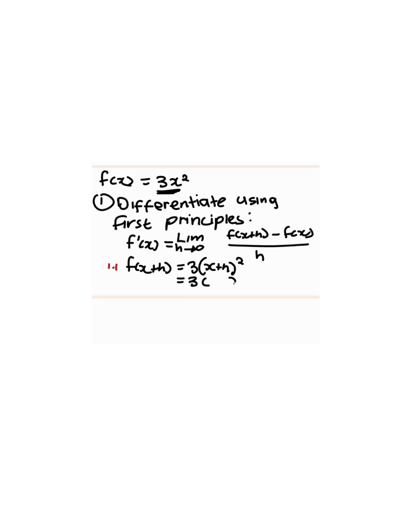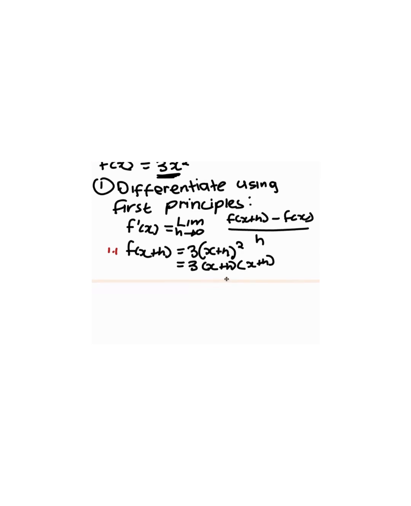So x plus h is 2 brackets, so we have to FOIL them. I'll still keep the 3 there. x times x is x squared, x times h is xh, h times x is also xh, h times h is h squared.